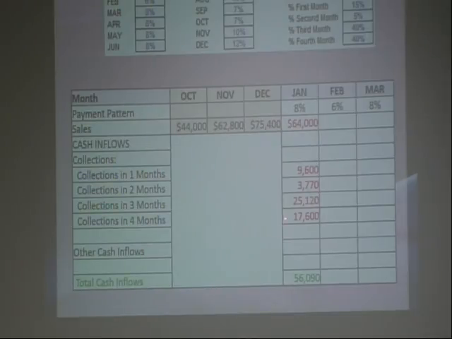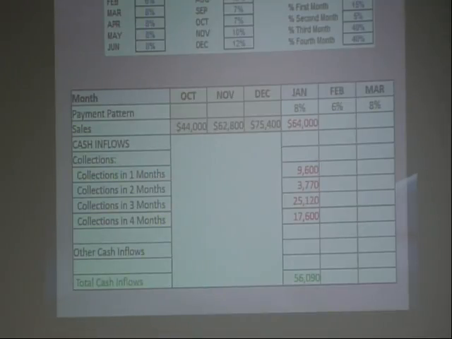And then I'm finishing it off with 17,600, which is 40% of October's sales, which gives me a cash inflow of $56,090, not $64,000, because of my payment pattern research and approach. Make sense? Good.